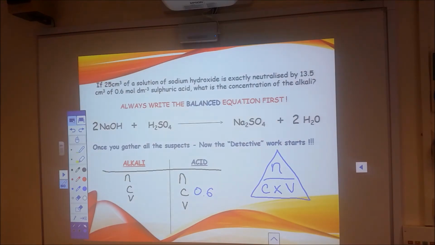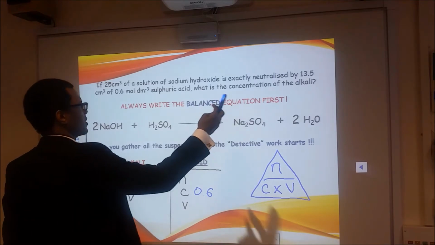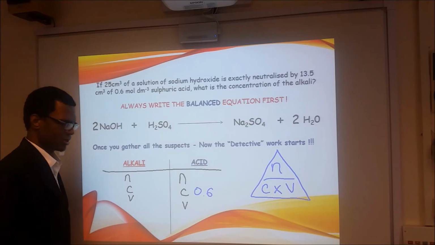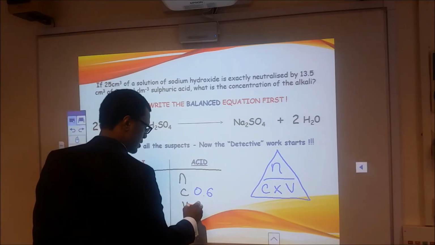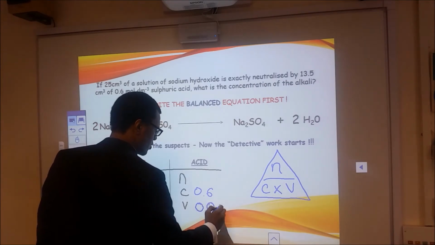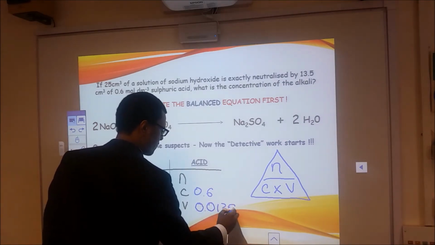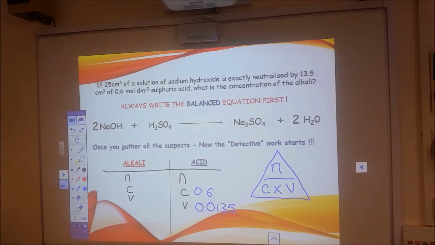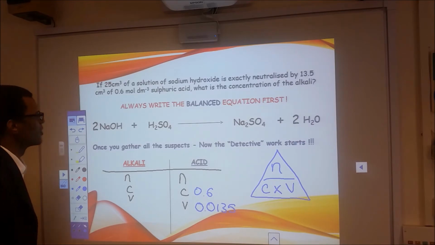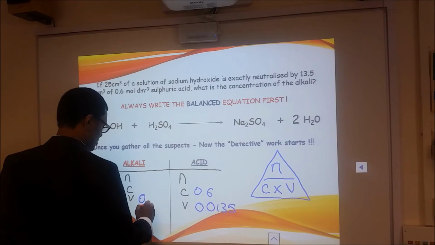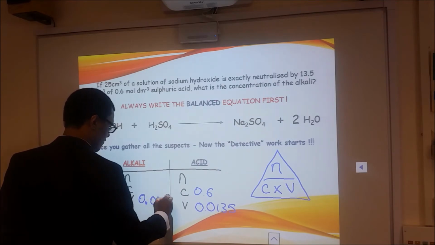So when we have a look at the acid, neutralized by exactly 13.5, we're going to turn that into decimeters cubed. So we've got 0.0135. On the alkali situation, we only have volume, so that will be 0.025.